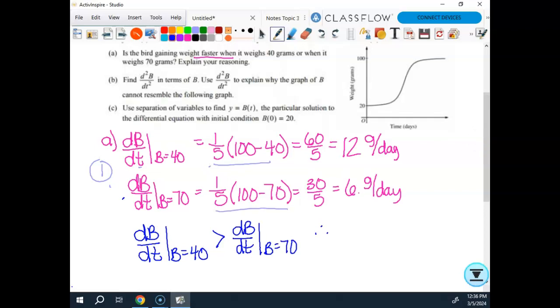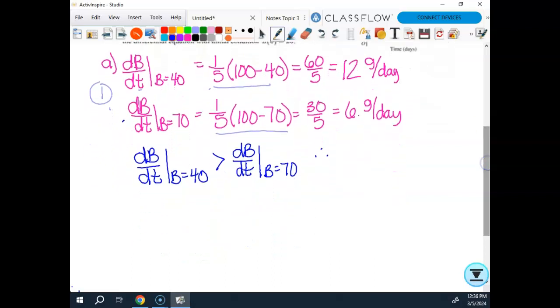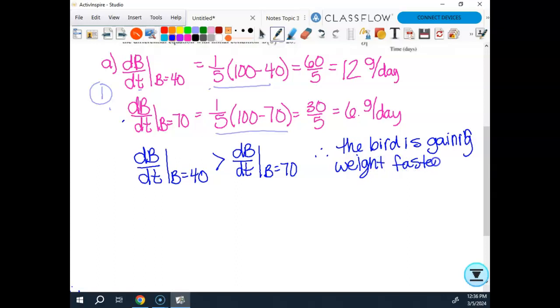The bird is gaining weight faster when it weighs 40 grams, because the rate at 40 is greater than the rate at 70. Okay. And then that's a point right there.